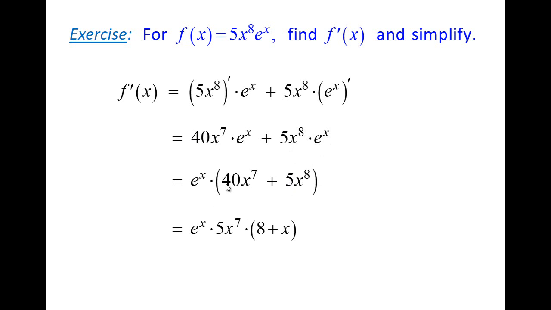So if I factor out a 5, then I get 8 here. 5 times 8 is 40. I'm factoring out x to the 7, so I only get 8. I'm factoring out 5 and x to the 7, so I get x left here. So then we get e to the x, so 5x to the 7 times 8 plus x. So I am going to rewrite this as 5x to the 7 e to the x times x plus 8.